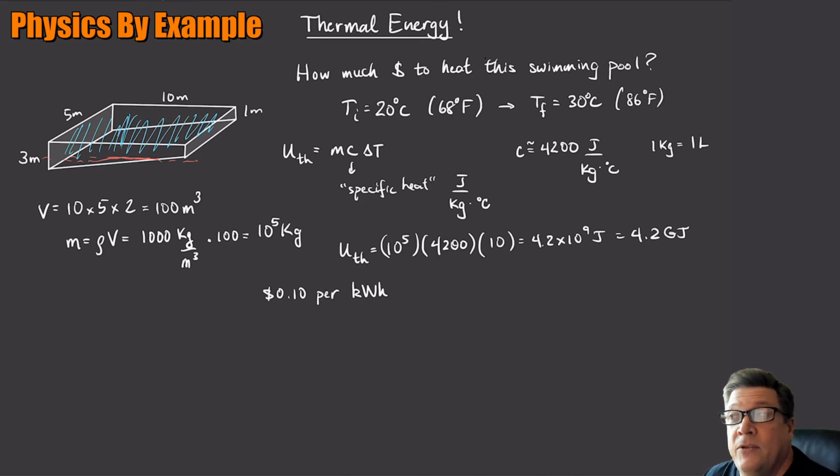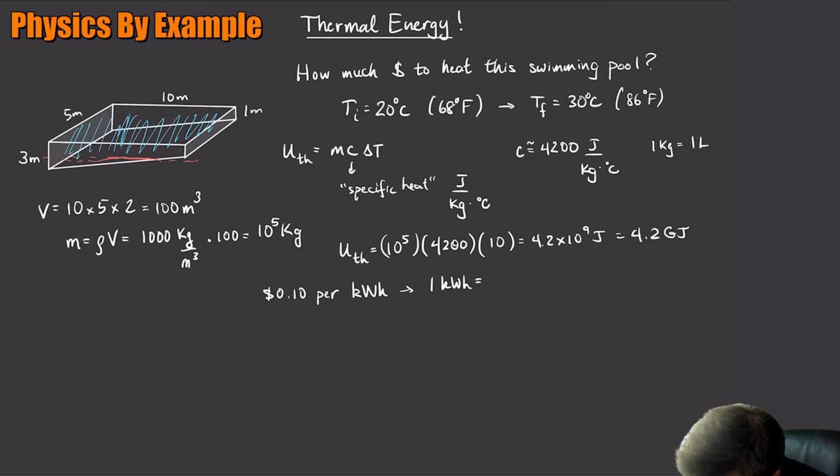You might not have seen a kilowatt hour before. I mean, the SI unit is joules, right? So what is a kilowatt hour in joules? Well, 1 kilowatt hour. What's a kilowatt? It's 1,000 watts, and a watt is a joule per second. And then I'm going to multiply by an hour, convert it to seconds, 3,600.